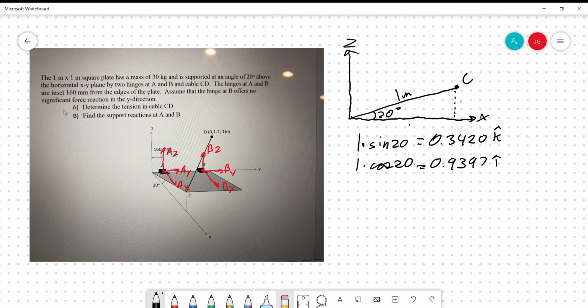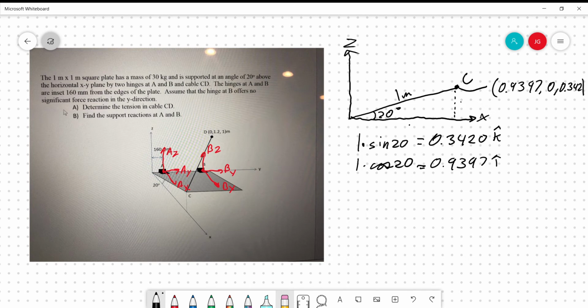So really, this point here is 0.9397, 0, minus 0.342, right?